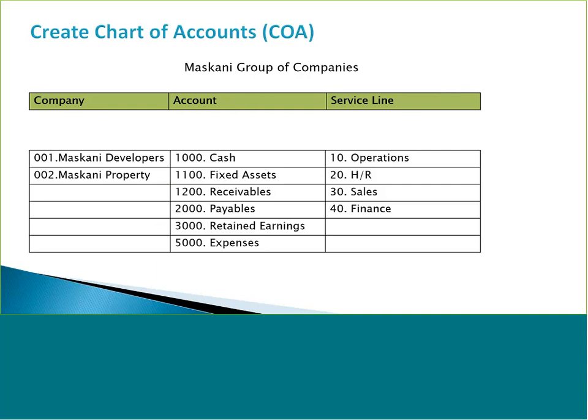Under the service line segment, we have a list that contains service line values. So this box over here is a value set. This is another value set, and this is another value set. And inside this value set, we have values. So those are the technical terms that are associated with the chart of accounts.